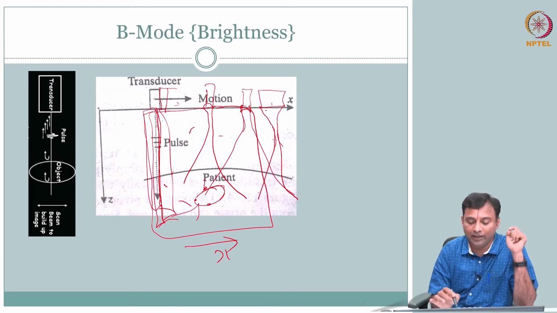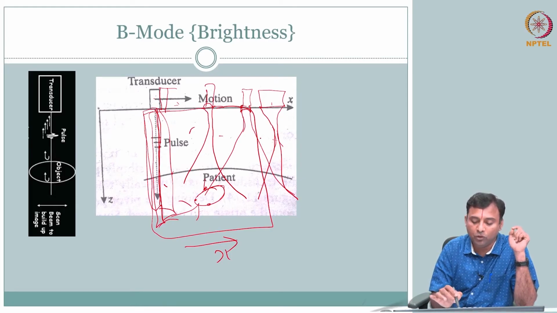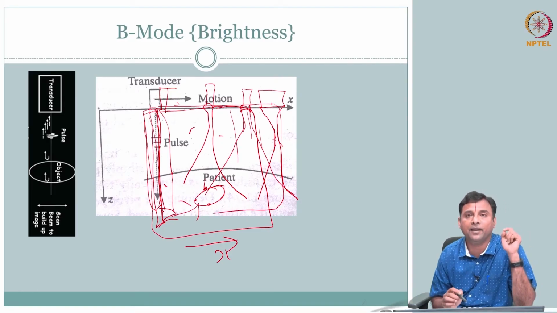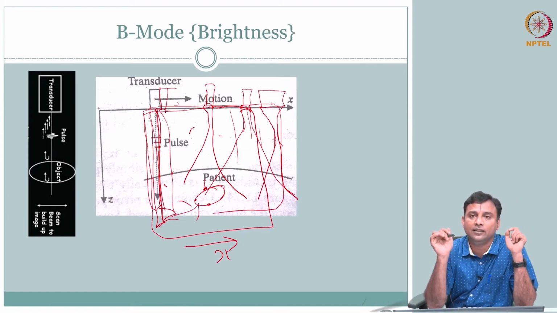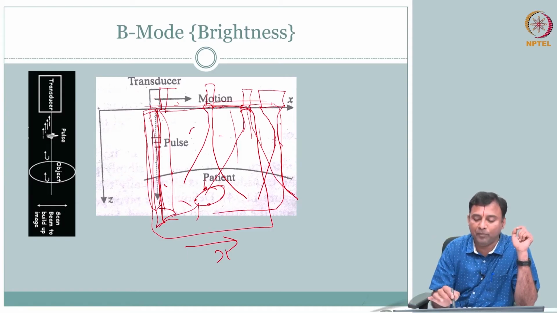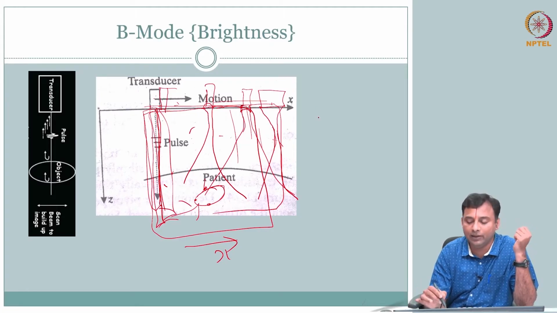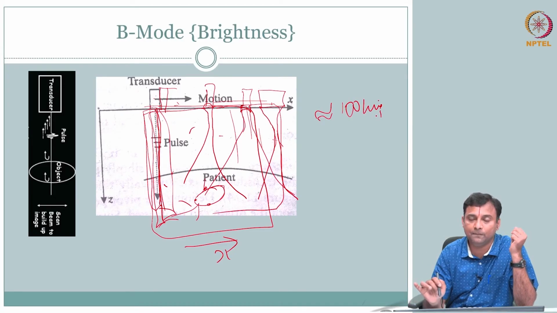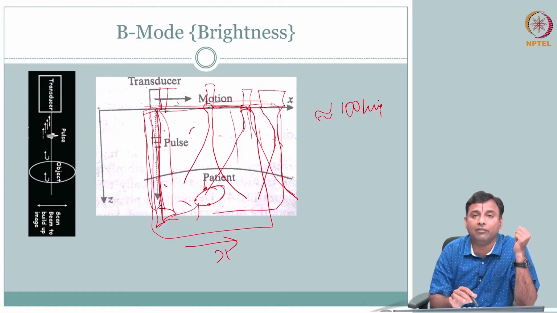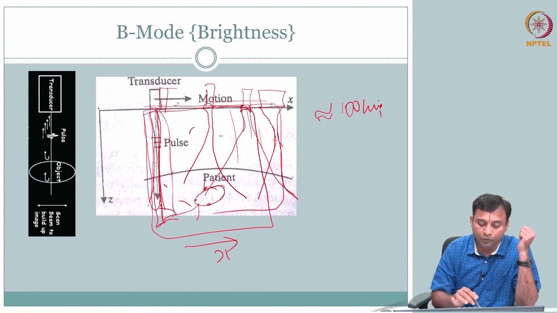The narrower I step, the more lines I will have to do to cover the same distance. At each location I am sending one pulse. If I have to construct an image frame, typically we get approximately 100 lines, so I have to send 100 pulses. Each pulse covers a certain width.